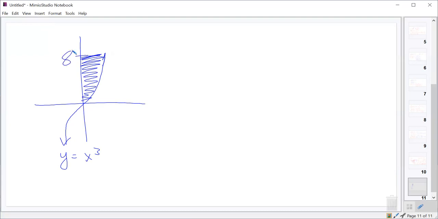We'll call this 8 up here. So y equals x cubed. We want to find the area of that region from 0 up to 8. So this time we're looking at it going towards the y-axis rather than towards the x-axis, and doing it in terms of y. Good?